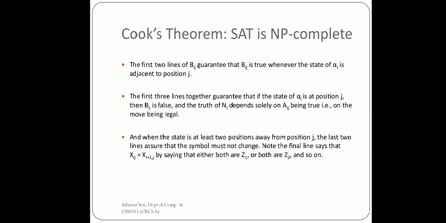So if alpha i is adjacent to position j, that means if my acceptance state is adjacent to position j, then it will be at location j-1 or j+1. So either the first line or the second line will be true, right? So it will be true ultimately. And the first three lines together guarantee that if the state alpha i is at position j, then bij is false, and the truth of the expression solely depends on aij being true.